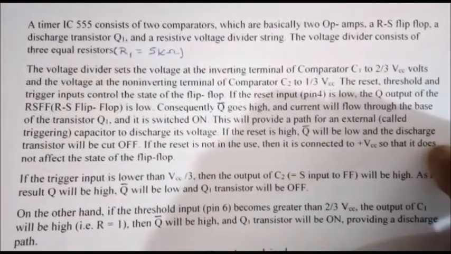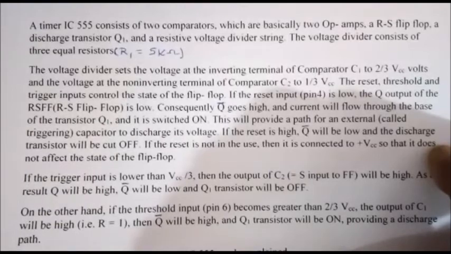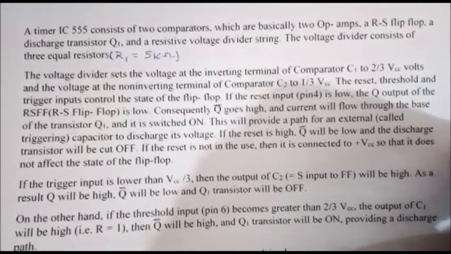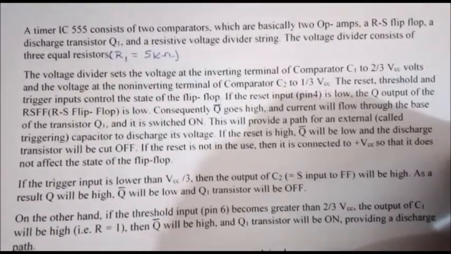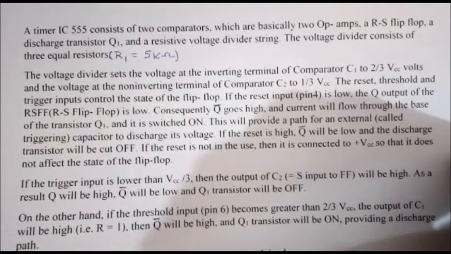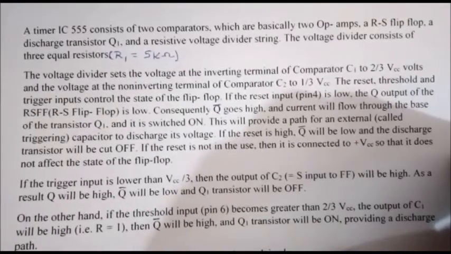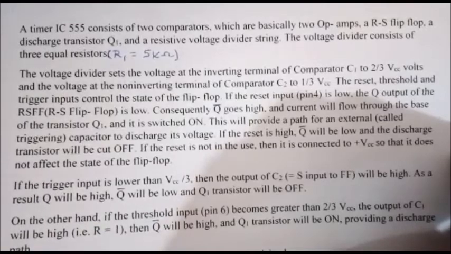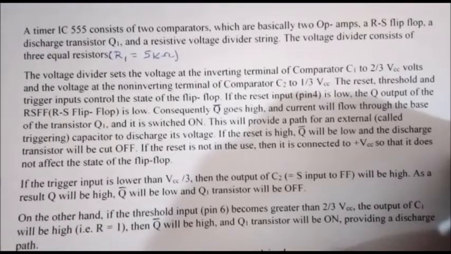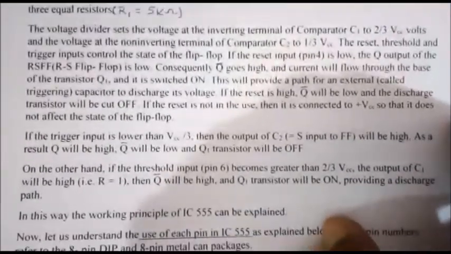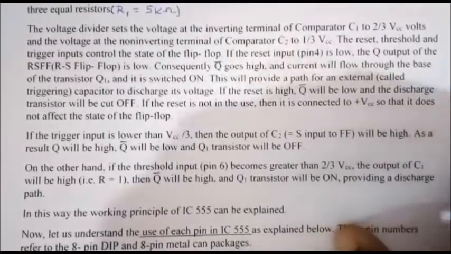The reset, threshold, and trigger inputs control the state of the flip-flop. If the reset input pin 4 is low, the Q output of the RS flip-flop is low. Consequently, Q bar goes high and current will flow through the base of the transistor Q1 and it is switched on.